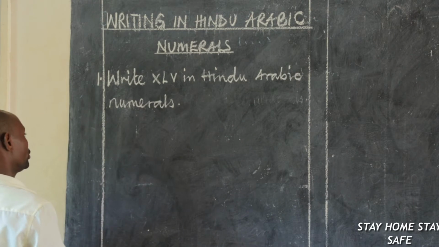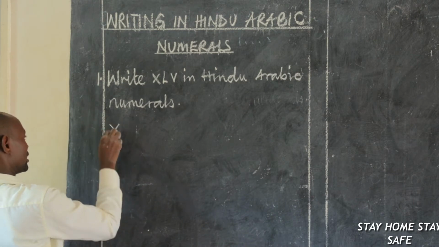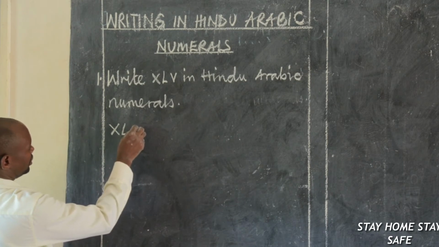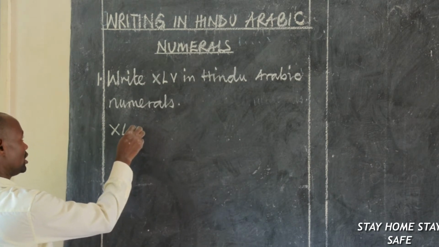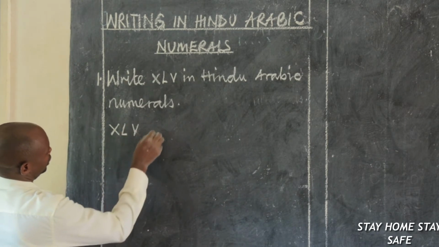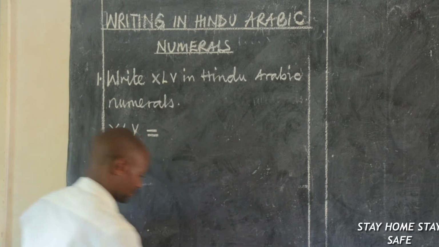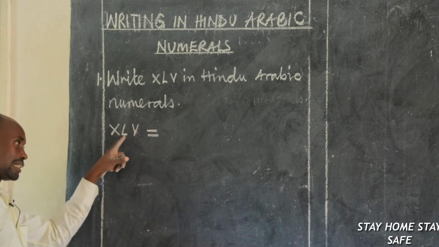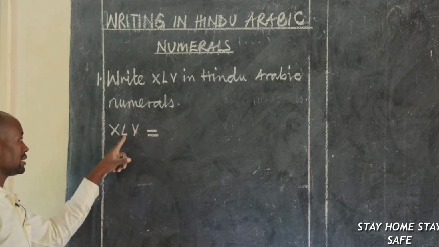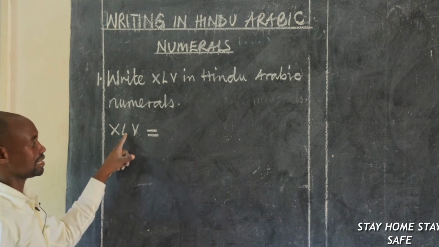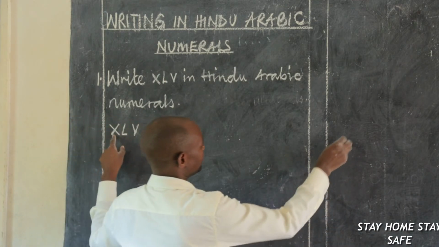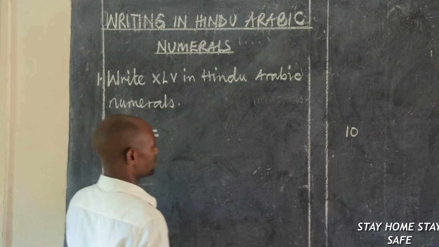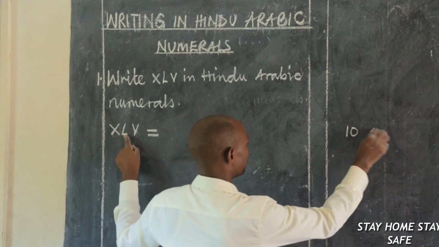So XL, then V is going to give us this. Look at X, look at L. Which one is bigger? X and L, which one is bigger? X is 10. What about L? L is 50.